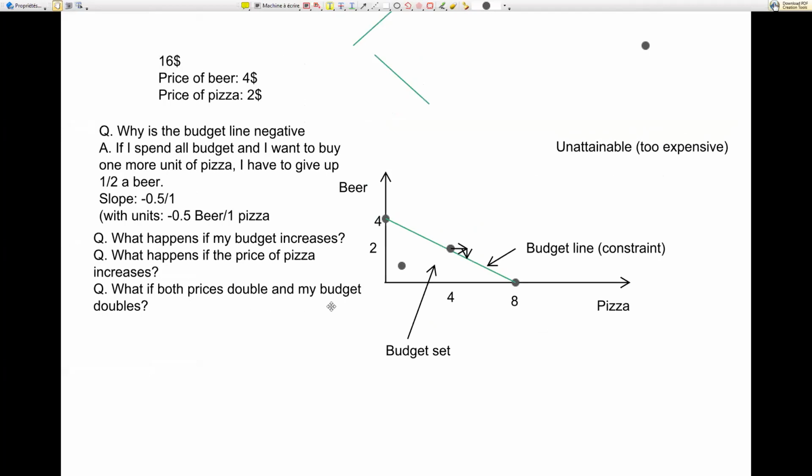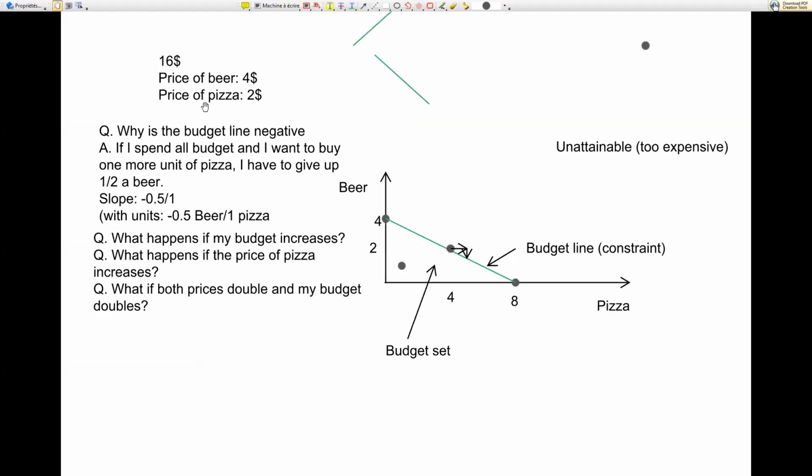So this is the example. What we want to highlight is the fact that we have choice, and we cannot choose everything. We have to decide what to consume with a limited budget, which gives us a limited number of choices. So here, our example was a budget of $16, and we wanted to choose between beer and pizza.